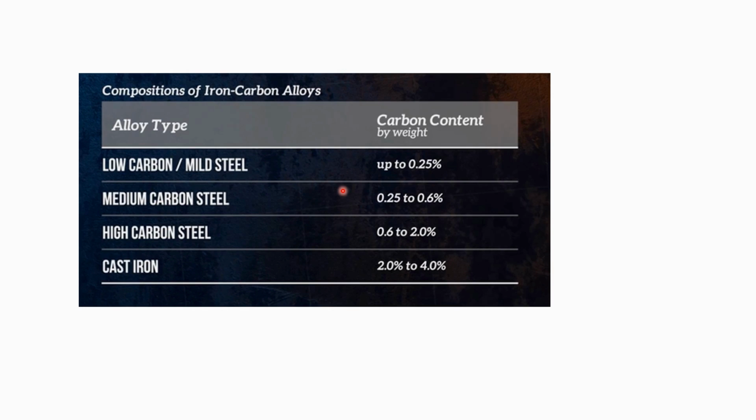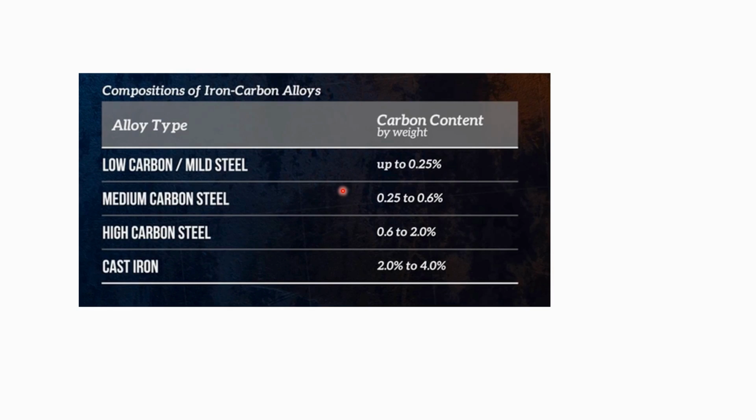And medium carbon steel has carbon content from 0.25 up to 0.6%, and in general, it is quite a bit stronger compared to low carbon mild steel, and then it can be further strengthened by heat treatments like quenching and also tempering.